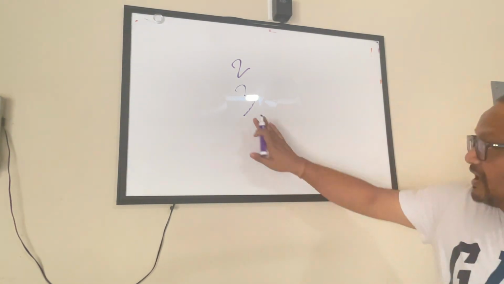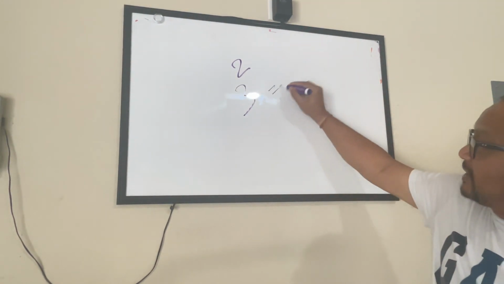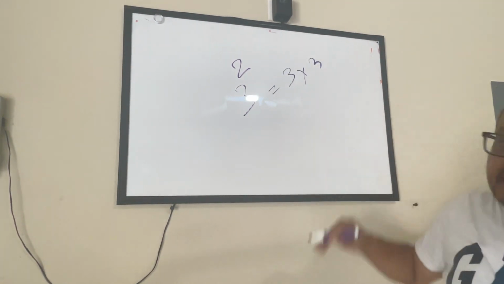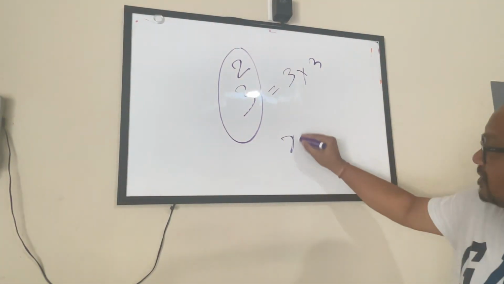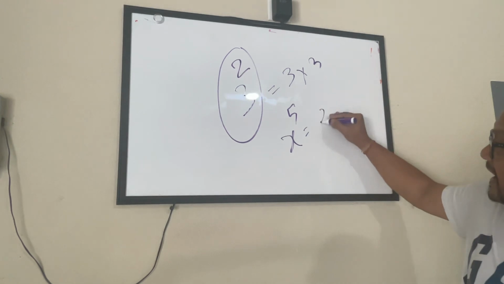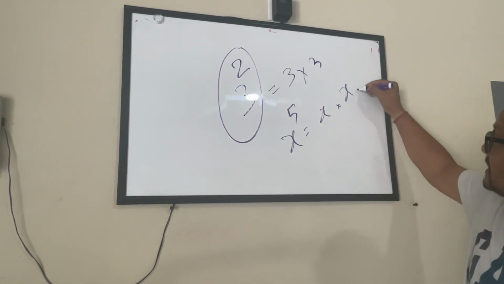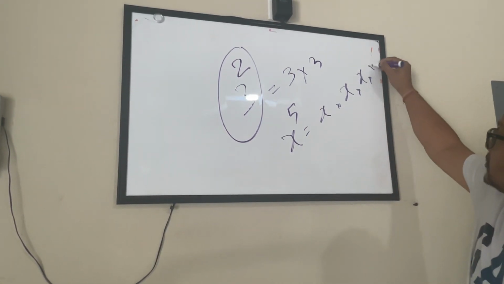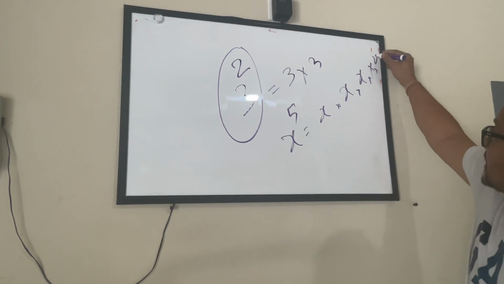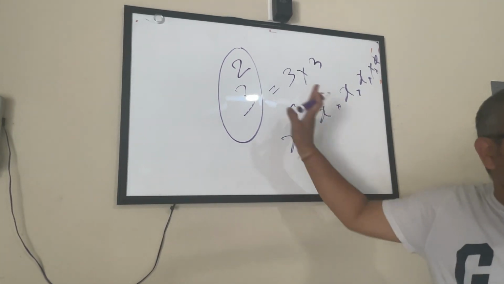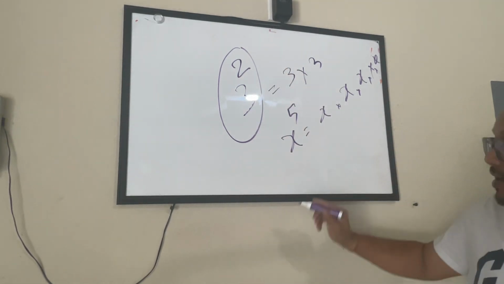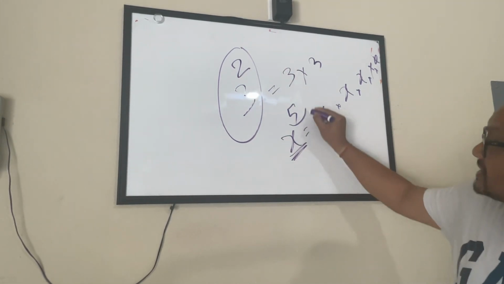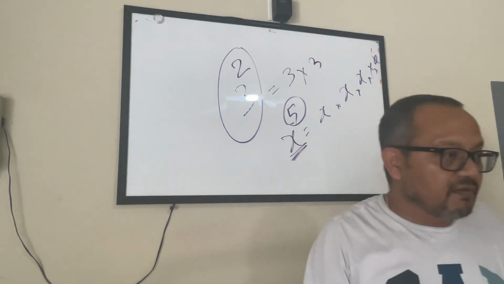Exponent. 3 to the power 2, meaning 3 into 3. This is called exponent. X to the power 5, meaning x into x into x into x into x, 5 times. This is exponent. Yeah? This is the exponential form, where this is the base and this is the exponent or the power.